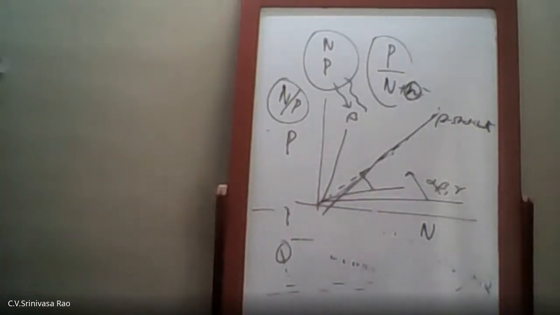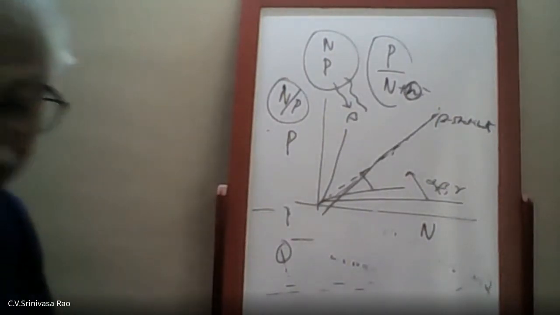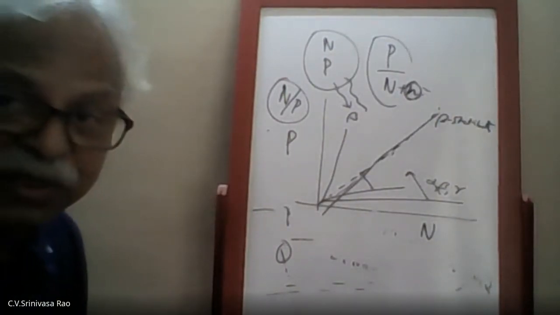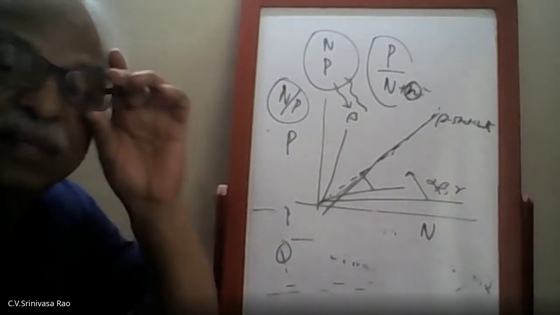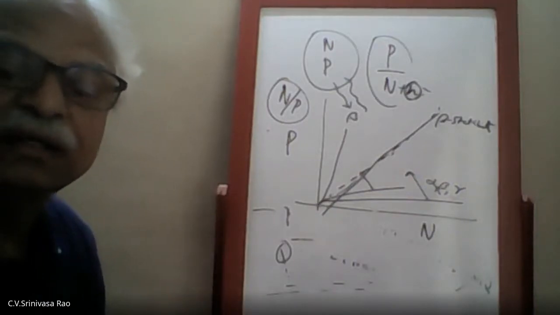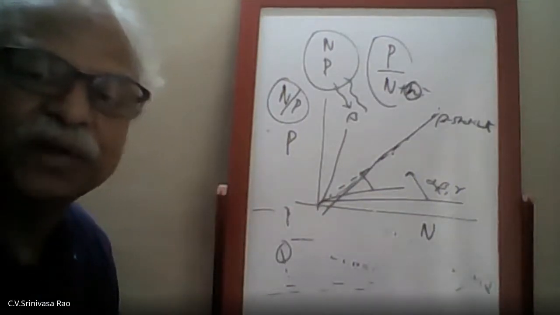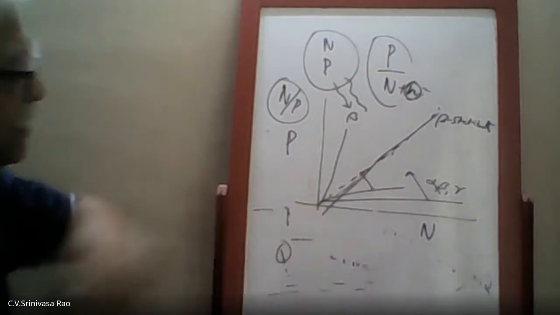Because of this reason, the more neutrons you keep adding into a nucleus, the stability is lost and they become radioactive. They start pushing out particles from the nucleus so that they can gain stability.